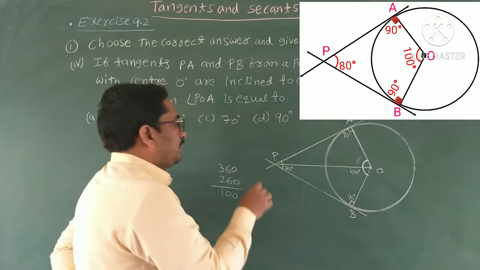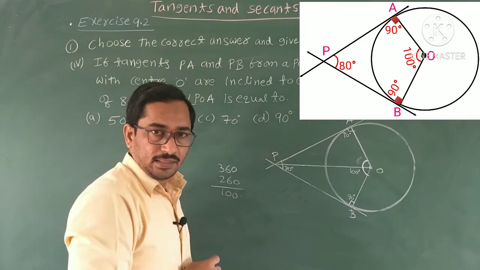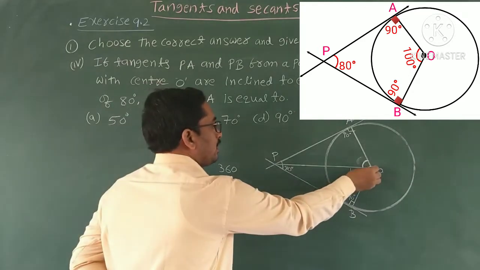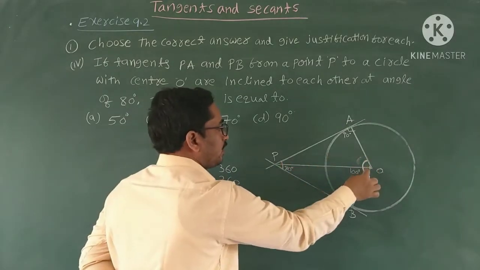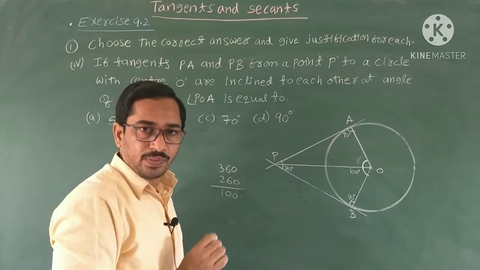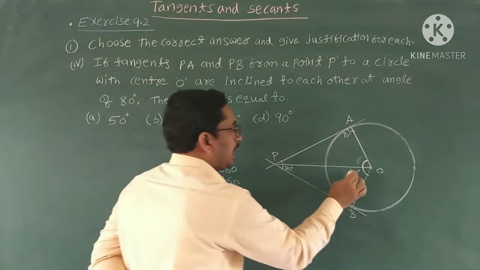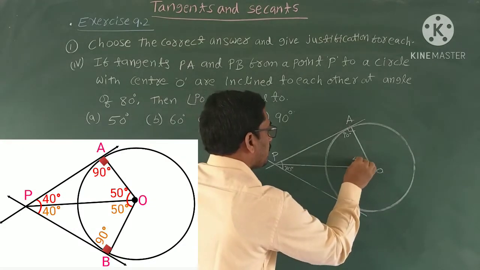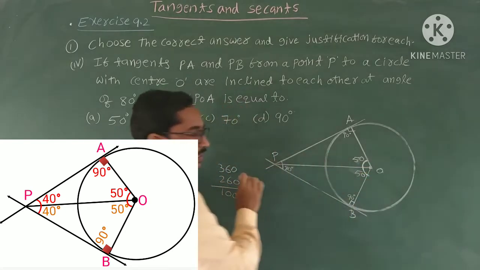So angle at O is 100 degrees. Then we can easily observe OP is an angular bisector. OP being an angular bisector means it divides angle O into exactly two equal parts, 50 and 50. 50 plus 50 is 100.